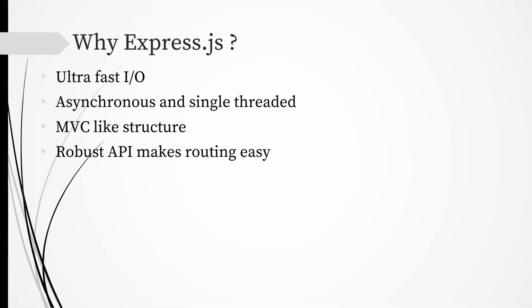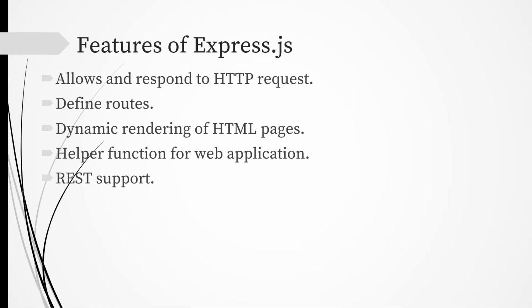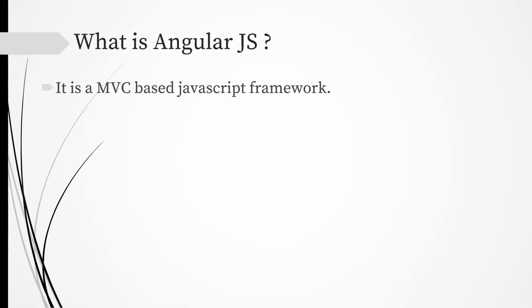For that, we use Express.js. Here are some features of Express.js. It listens and responds to HTTP requests. It defines the routes, does dynamic rendering of HTML pages, provides helper functions for a web application, and it supports REST API. These are the features of Express.js.